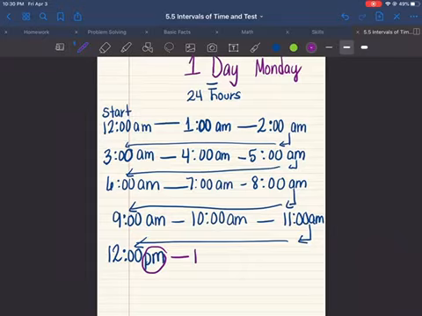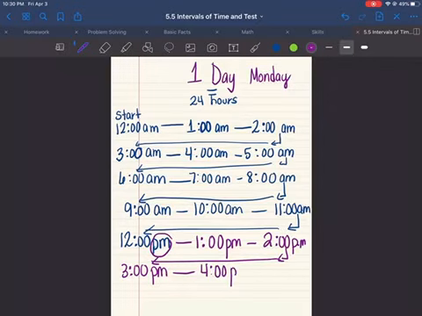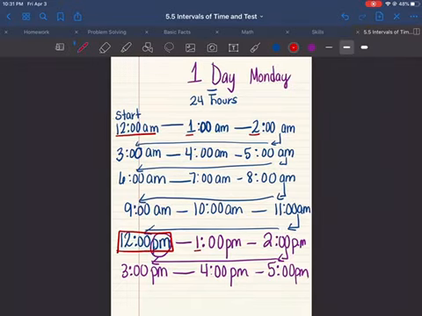So we can show that by putting p.m. 1 o'clock p.m., 2 o'clock p.m., 3 o'clock p.m., 4 o'clock p.m., 5 o'clock p.m. Now, the reason why I did this illustration is because I wanted you to see that once we hit the 12 mark, the pattern started repeating again. 1 o'clock, 2 o'clock, 3 o'clock, 4 o'clock, 5 o'clock.